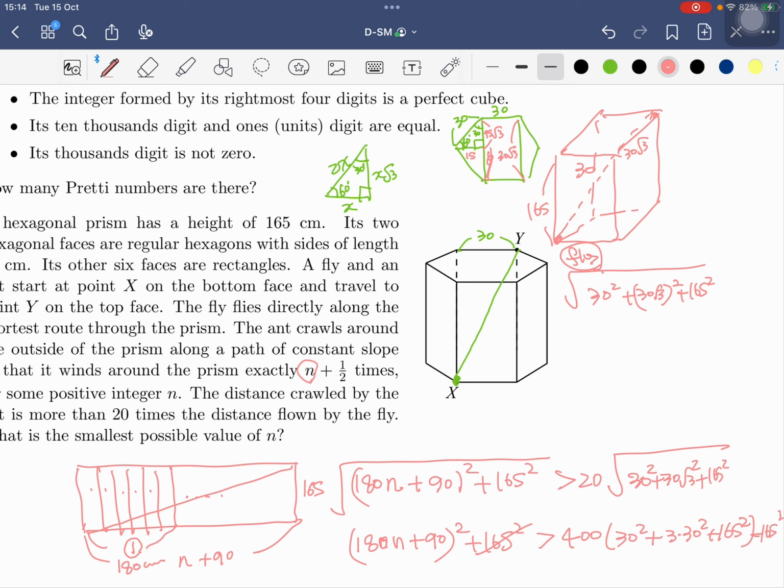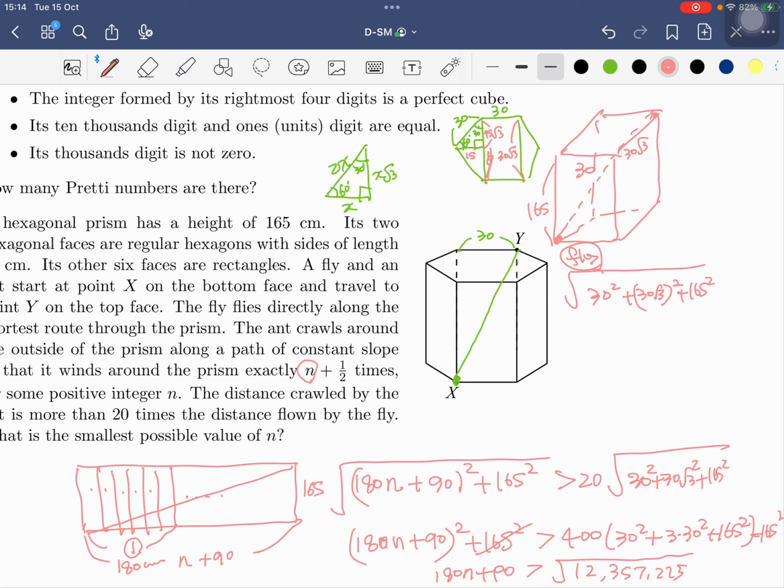So 400 times the sum of 30 squared, 30 square root 3 squared and 165 squared, minus 165 squared, and this is 12,357,225.